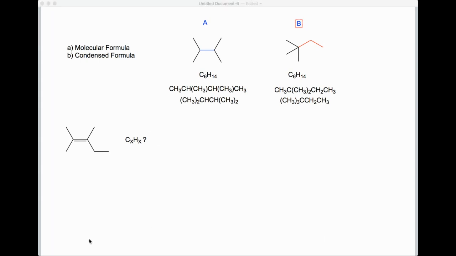Seven carbons. So let's look at the picture: 1, 2, 3, 4, 5, 6, 7 carbons. Okay, so that's correct. And then how many hydrogens do we have? Guys, how many hydrogens do I have in this position here?